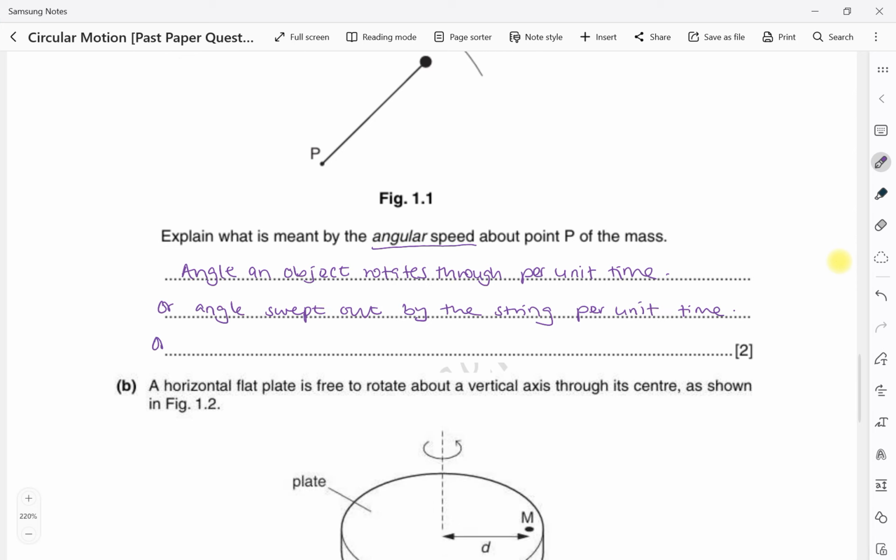Or I can define it as the rate of change of the angle by the string.